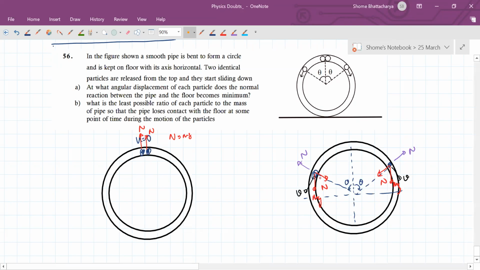In this diagram, N plus mg cos theta is equal to mv square by r.